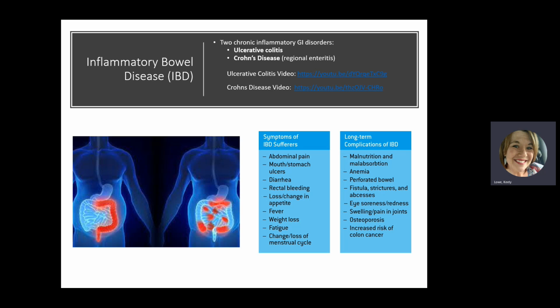The symptoms that they may experience may be similar: abdominal pain, diarrhea, rectal bleeding, fever, weight loss, fatigue. So thinking about both of these, there is damage and deterioration of the lining.